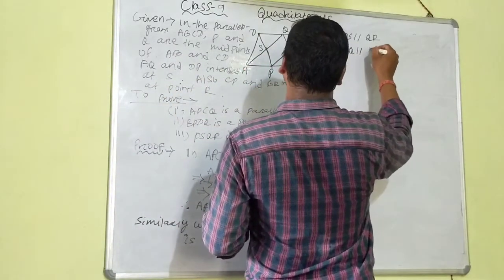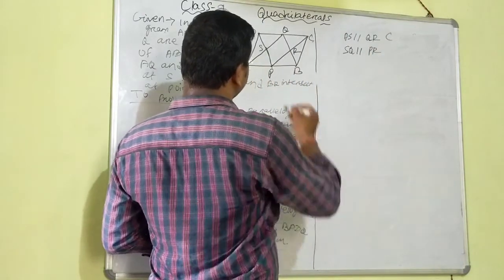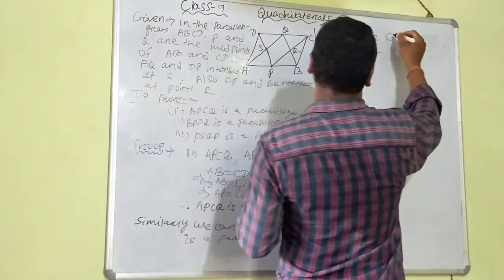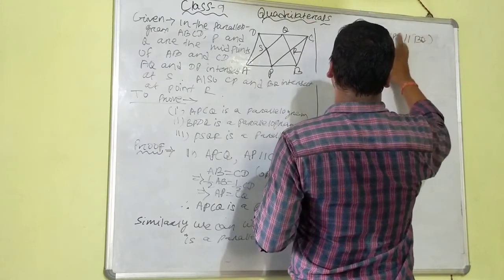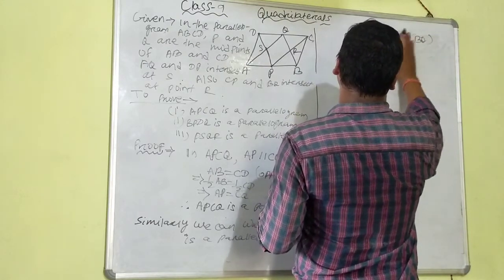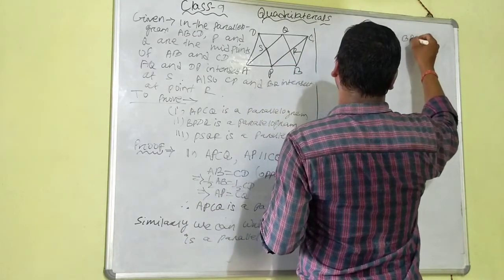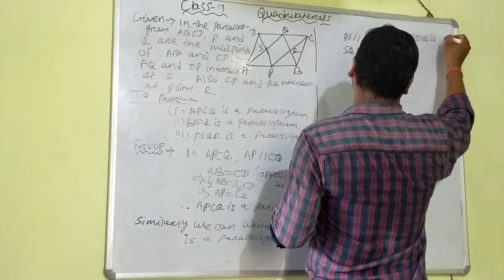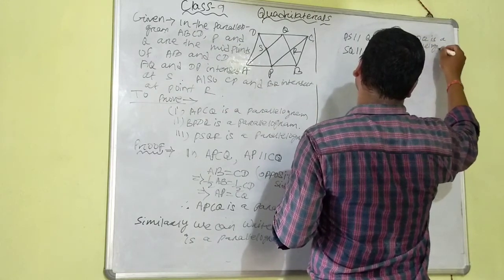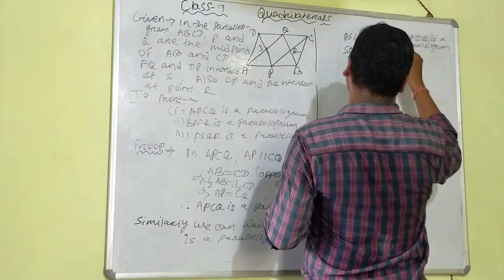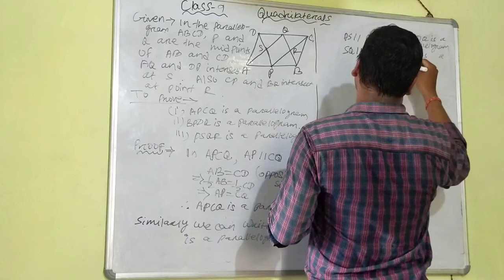We will also write the reason here: PD parallel to BQ, as BPDQ is a parallelogram, and for SQ parallel to PR, as APCQ is a parallelogram.